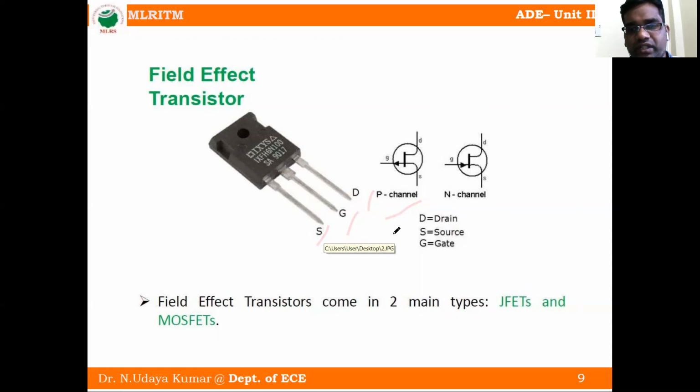Here the conventional current direction is towards the bar, which means it is N channel. The terminals are drain, source, and gate, so it is a three terminal device. Field effect transistors come in two main types: JFET and MOSFET. Now we will see the operation of N channel JFET.